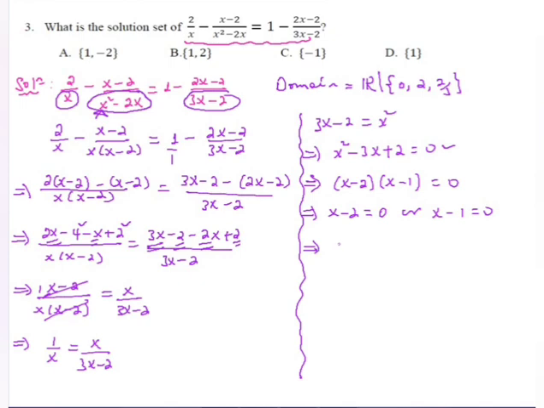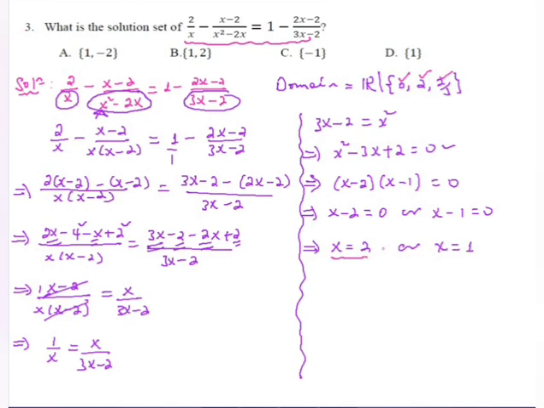From here, we get x is 2 or x is 1, but at the beginning we put some restrictions on x to keep the equation defined. So x cannot be 0, x cannot be 2, x cannot be 2 over 3. Here in our solution we have got x is 2.